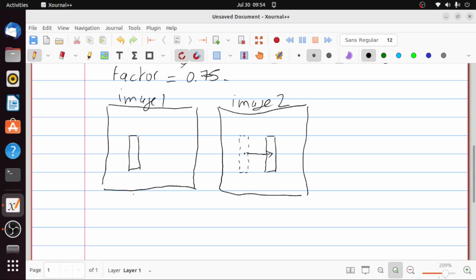Okay, so what happens if you reduce the size? This is the reduced version of image 1, and this is the reduced version of image 2. And if you look at this object, now it's much smaller. So here it's here, but the displacement, now it's moved to maybe here.